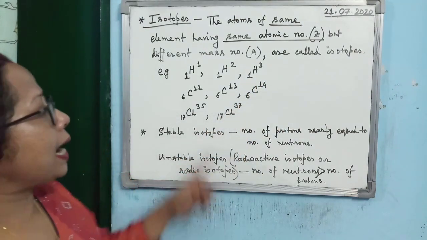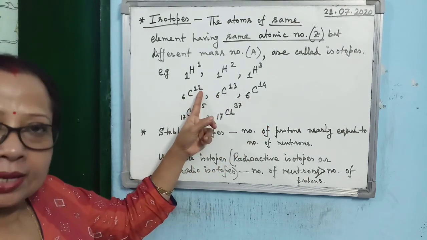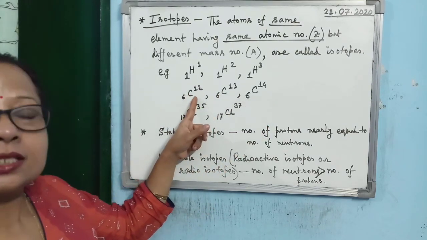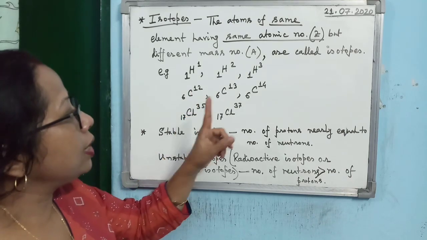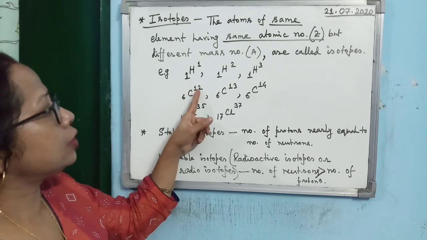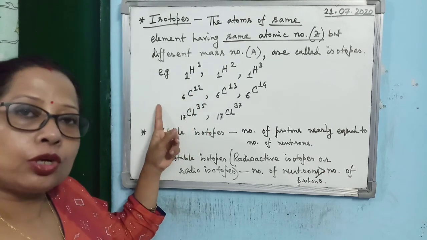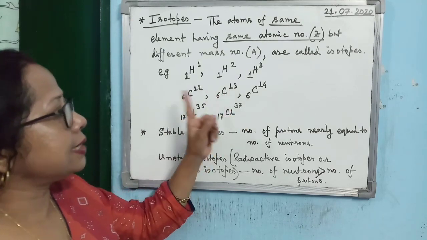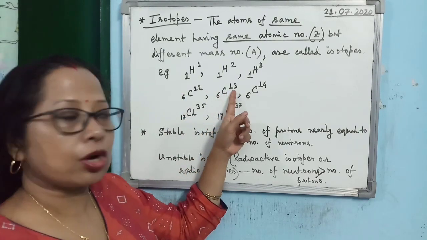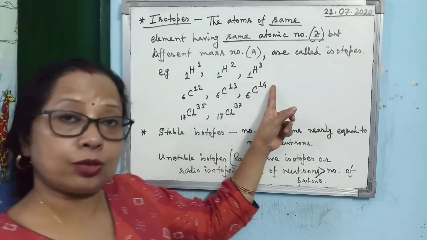Alright. Like that, carbon has three isotopes. 6C12 is the normal or stable isotope of carbon. I am coming to that point also. For 6C12, how many protons and neutrons are there? There are 6 protons and 6 neutrons. Then in 6C13, 6 protons and 7 neutrons. Then 6C14 has 6 protons and 8 neutrons.